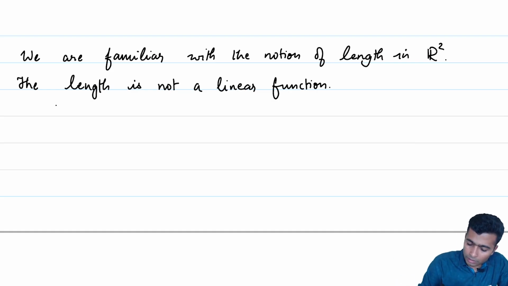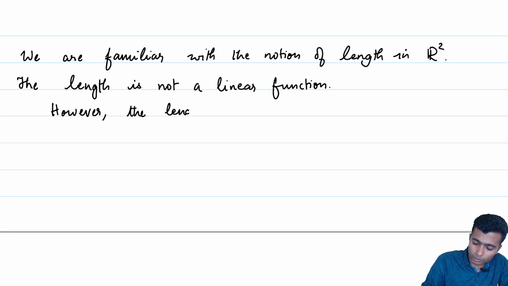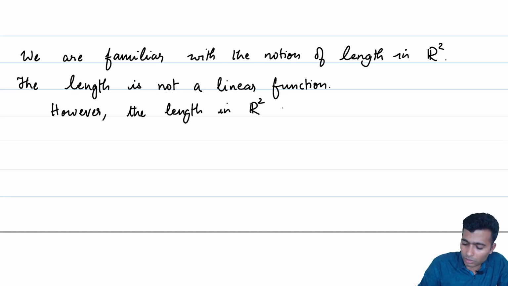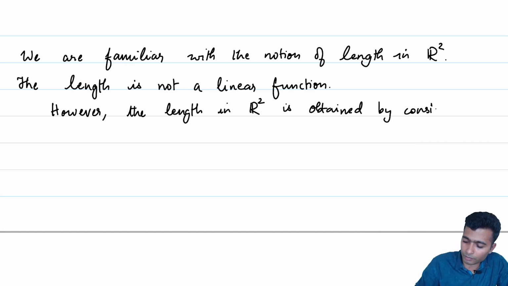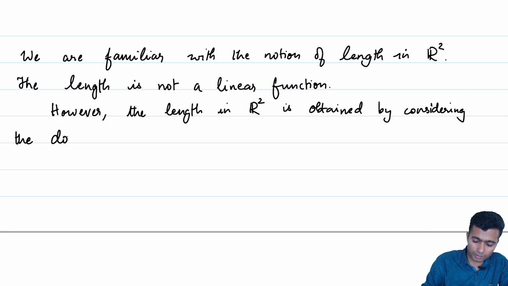The length in R2, in fact even in Rn, let's just focus on R2, is obtained by considering the dot product of a vector with itself.